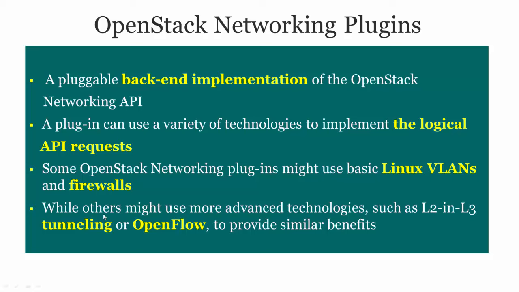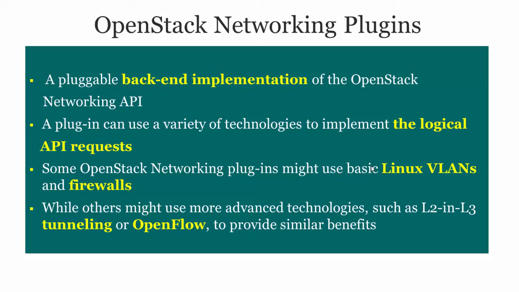Here, others might use more advanced technologies such as L2 in L3, the tunneling service. Later I will implement the tunneling, or OpenFlow as well, to provide a similar benefit. So using the networking plugin service, we can implement this tunneling service, OpenFlow service.